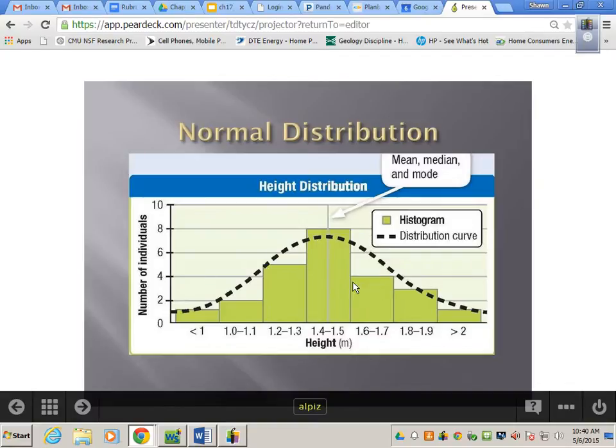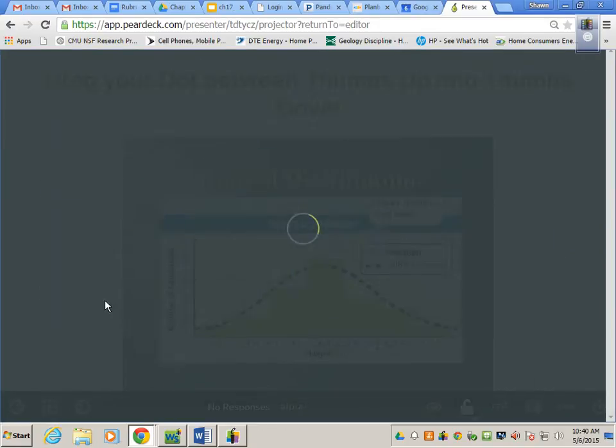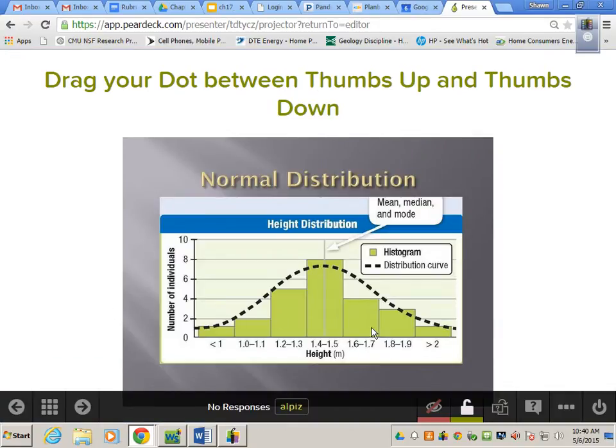Could this bell curve shift one way or the other? What if all of a sudden we had a drought and the fruit was higher up in the tree? What do you think would happen to this bell curve? Would it go right or left? Will this curve shift left or right? Well, would height increase or decrease?